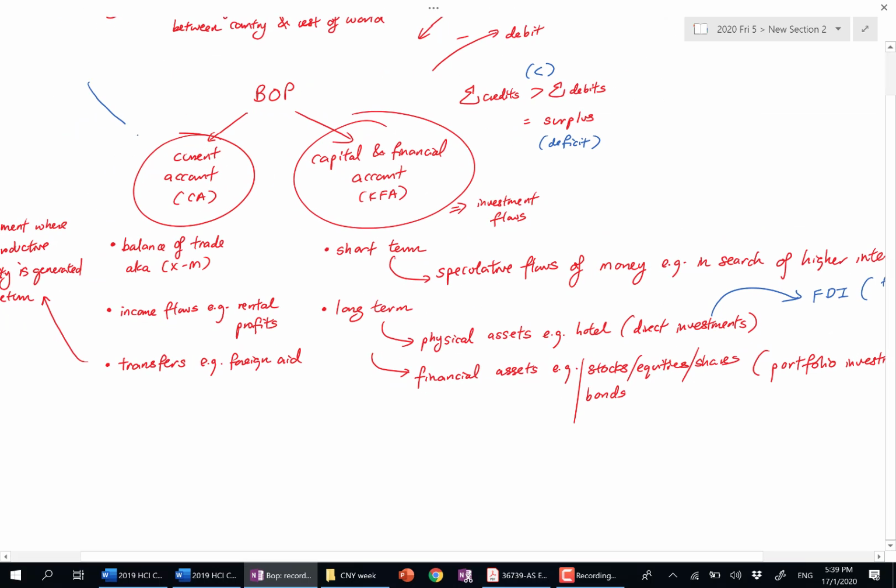And this part, when money comes in, it's called credit. When does money come in? For example, when you sell exports. So when Singapore sells, let's say, water back to Malaysia, we get earnings, that's a credit. Money out, like I said, is a debit.